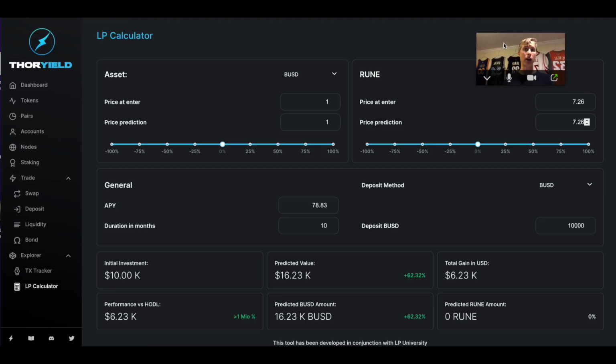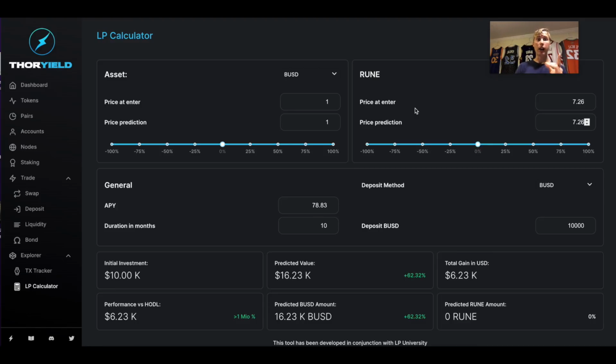Let's say I deposit my stables in now, and $7.26 is the price of RUNE. Now, let's say I predict the price a year from now or 10 months from now is going to be the same exact price. Let's see how much we will actually make if it stays the same.